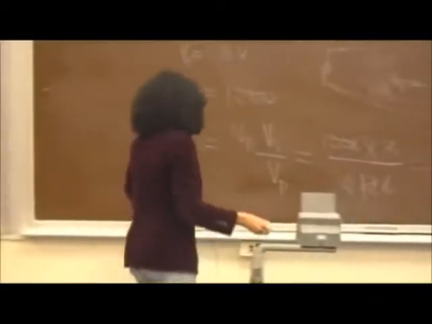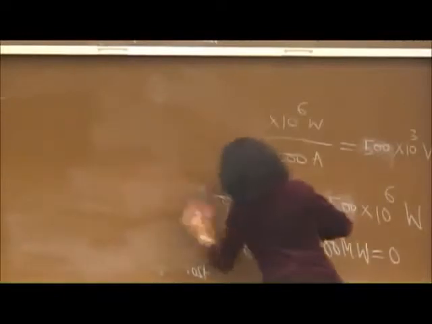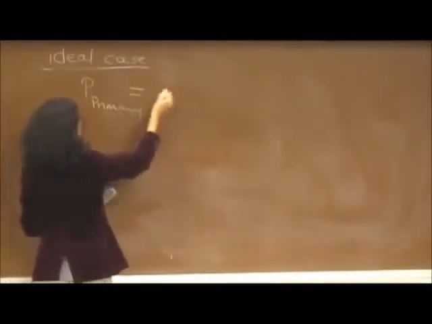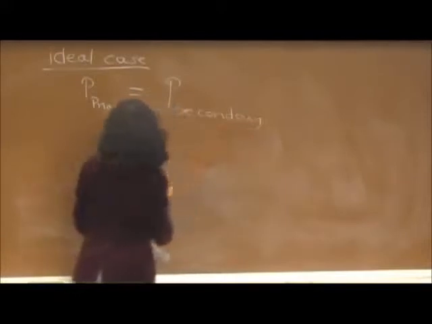So in the ideal case, which is what we are going to assume, power in the primary should be equal to power in the secondary, and this is the case we will consider all the time.